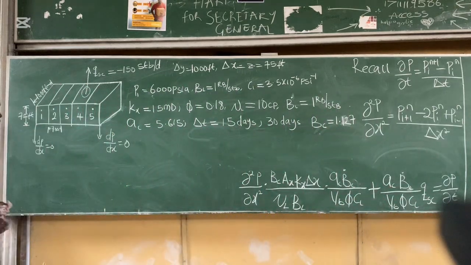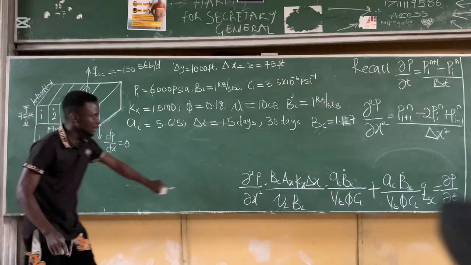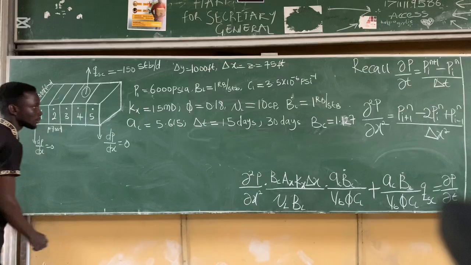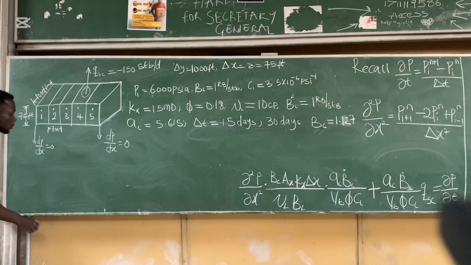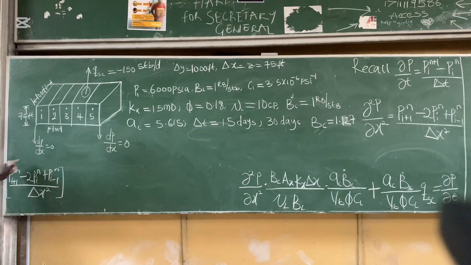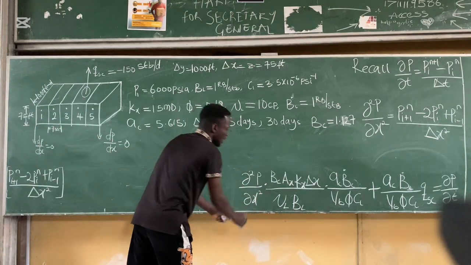If we do that, we are going to have, remember this is partial d square P over dx square, so I'm going to substitute this, which is P_(i+1)^n minus 2P_i^n plus P_(i-1)^n divided by delta x square. This one here is just for the d square P over dx square.